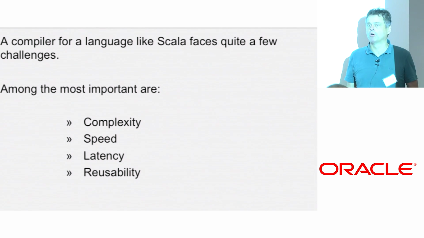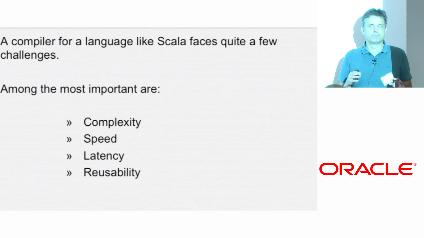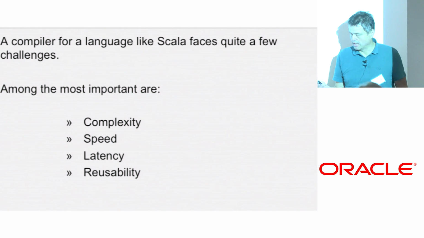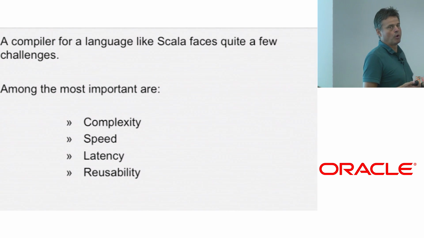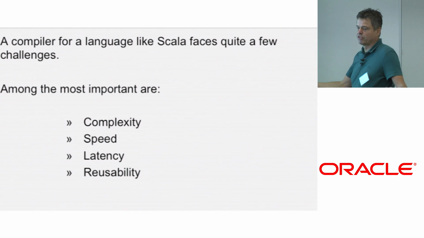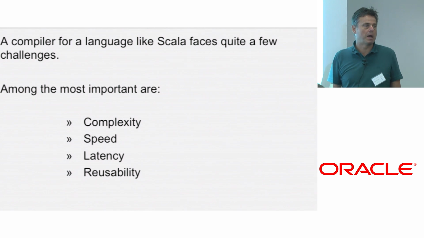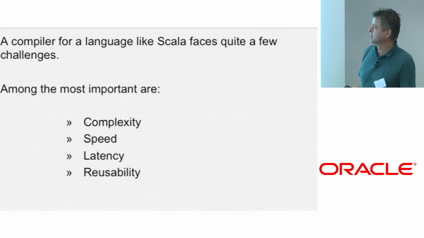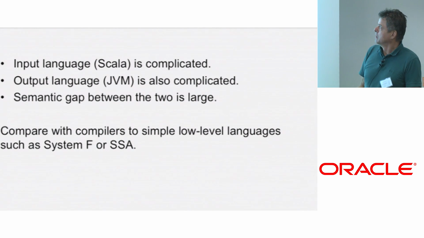That means for a REPL or for a presentation compiler, it's important that you get the output in a split second. And we also need to use the same compiler code base in a number of different systems, so we want this code base to be reusable for many different applications.